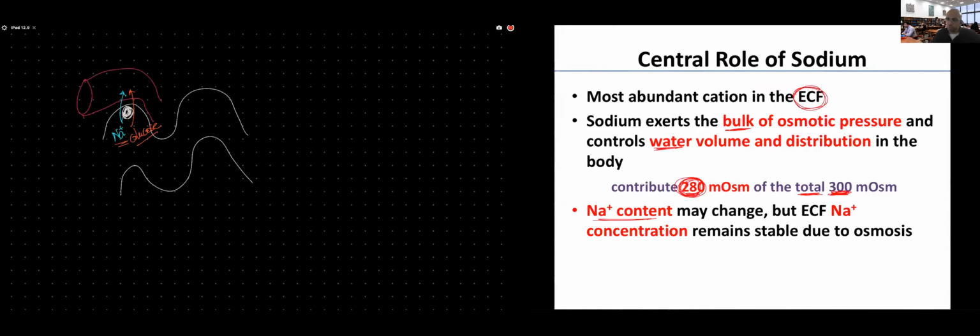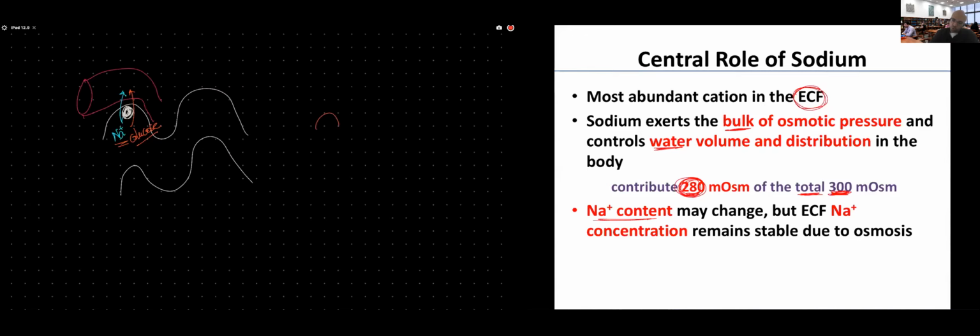Can you explain this for me? What do you understand from this statement? I can change the sodium content, the amount of sodium, but its concentration is going to remain constant. What does this mean? How do you explain it? What do you think?